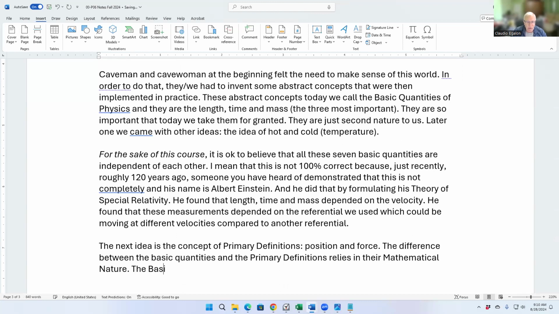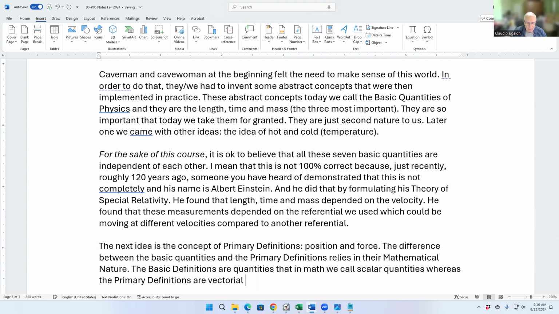The basic definitions are quantities that in math we call scalar quantities. Okay? Whereas the primary definitions are vectorial in nature, okay?